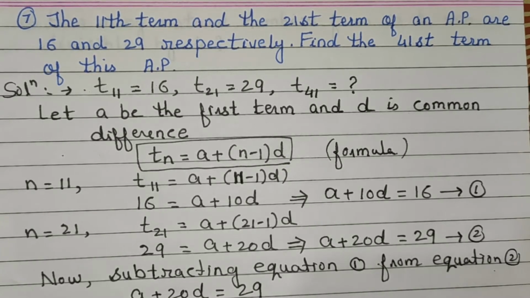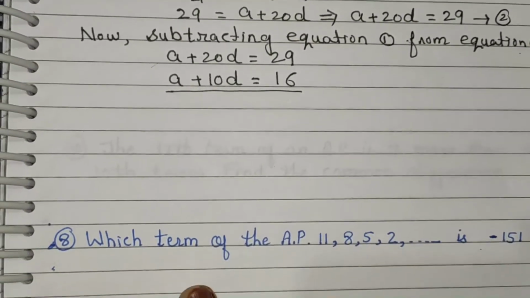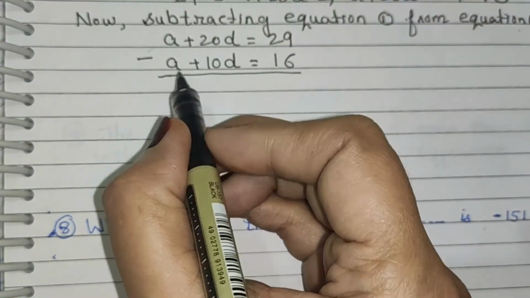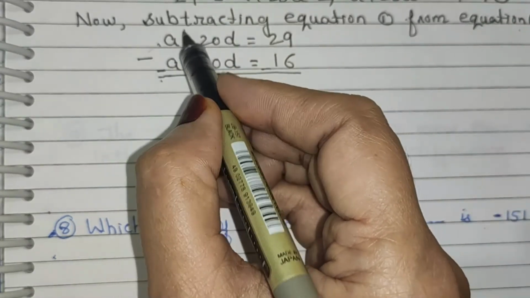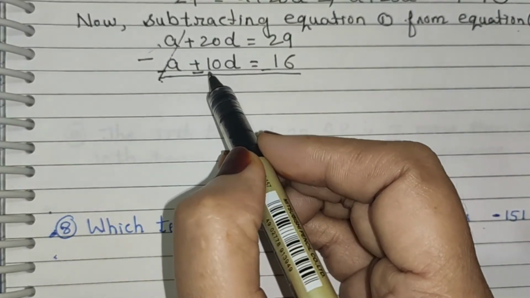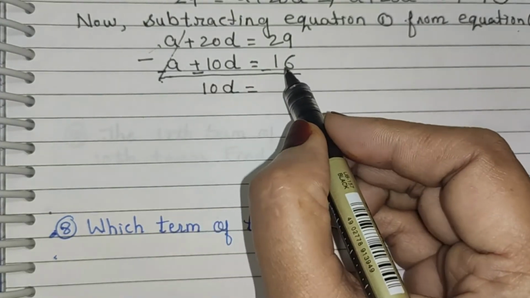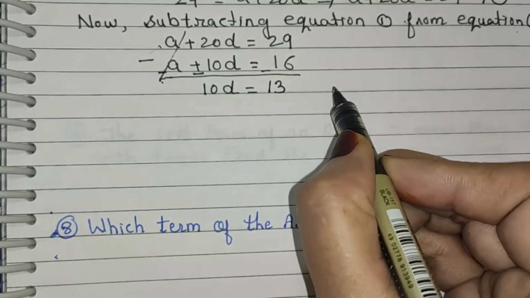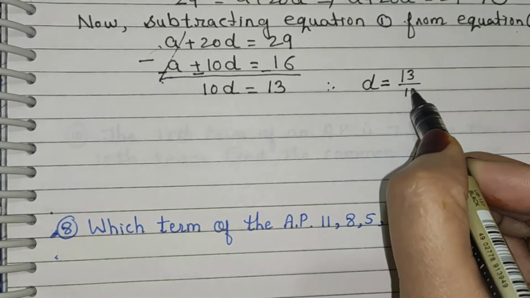A plus 10D is equal to 16. Now subtract it. All the signs are changed here: minus, minus and minus. Plus A, minus A both are cancelled. 20D minus 10D, we get 10D is equal to 29 minus 16. We get here 13. Therefore, the value of D is equal to 13 upon 10.